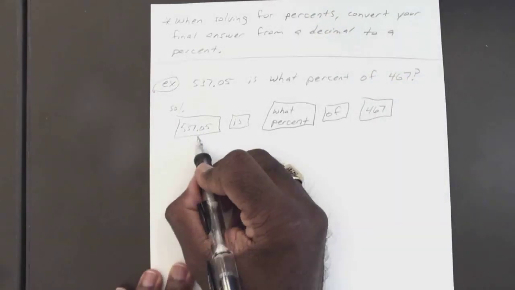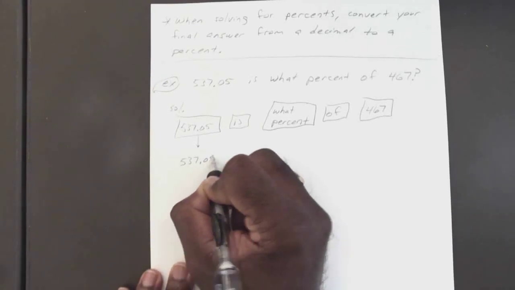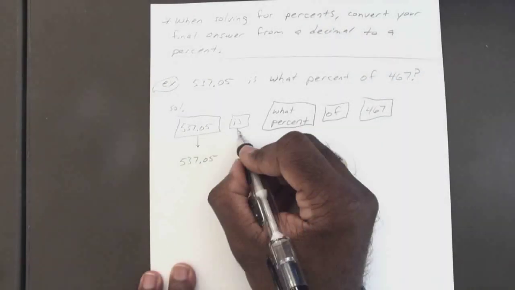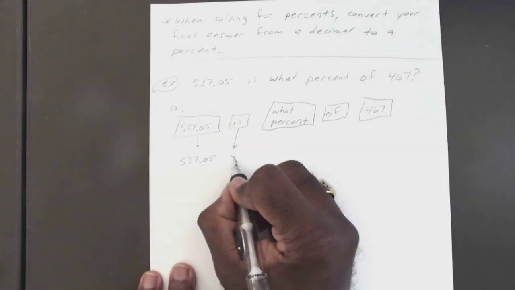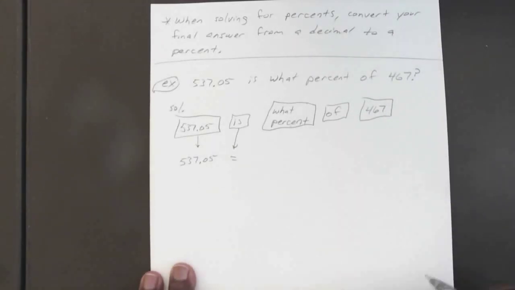Okay, so our 537.05, we just write that out. We know is translated to mean equal. What percent? We don't know, so we just make that X.